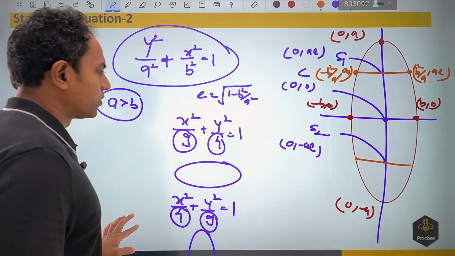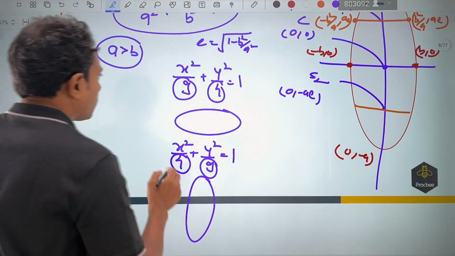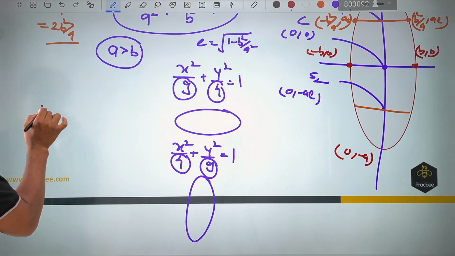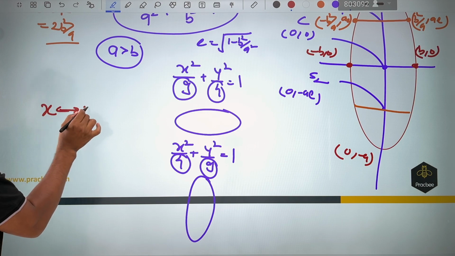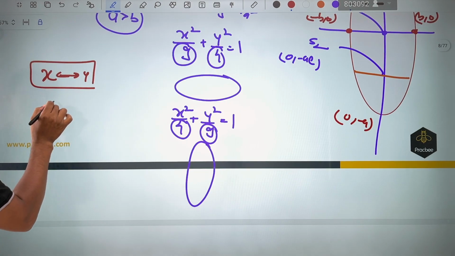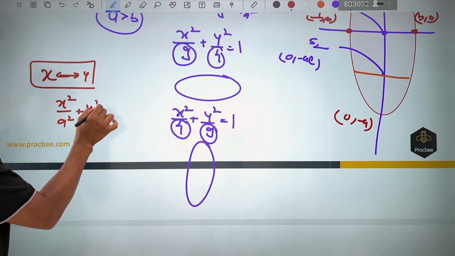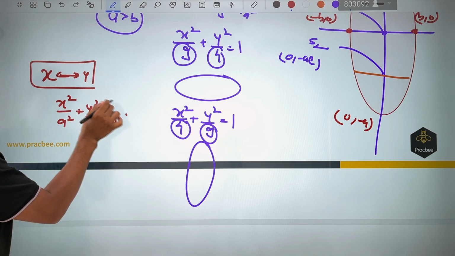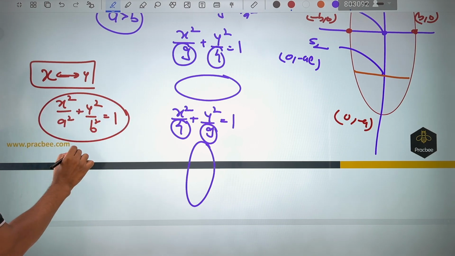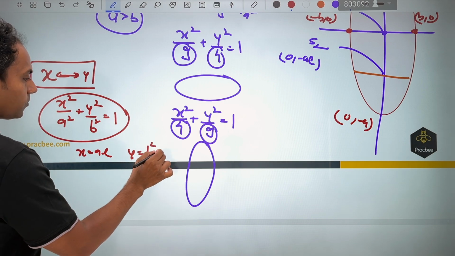So if you want to remember or learn this result, all you need to do is, whatever were the results earlier, in that results replace x and y. So I will give you an example to illustrate the fact. So earlier, the extremities of latus rectum, in this case, where x is equal to a and y is equal to b square by a.